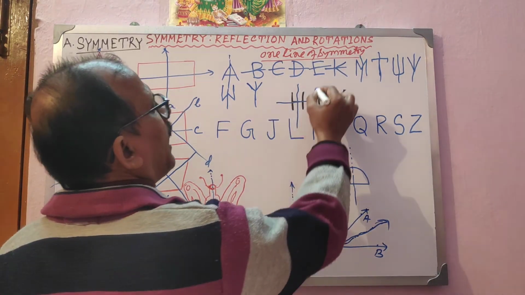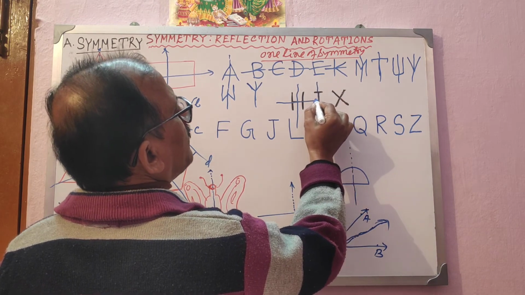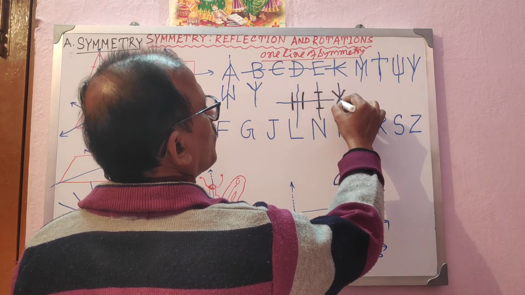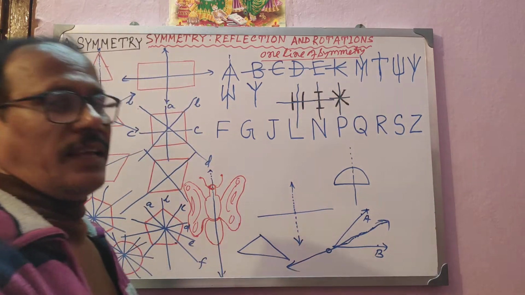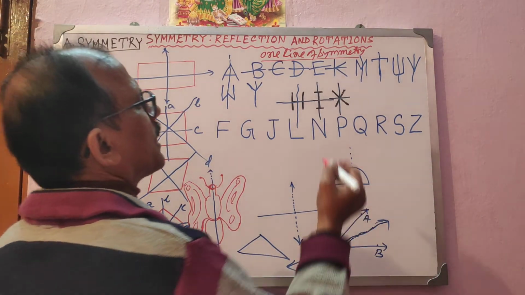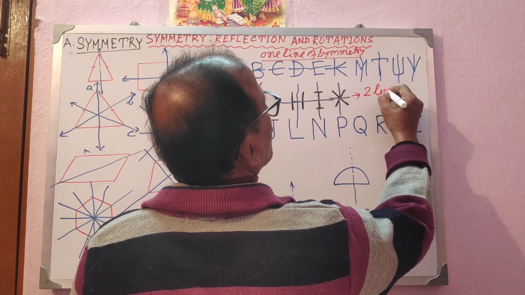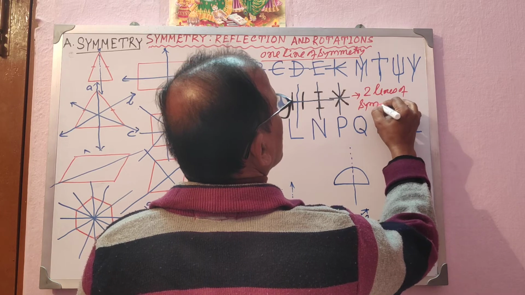Could you understand? I also, similarly, you can draw one vertical line and one horizontal line as well. X also you can have one vertical line, one horizontal line. So these will have two lines of symmetry. Three letters in the English alphabet are having two lines of symmetry.